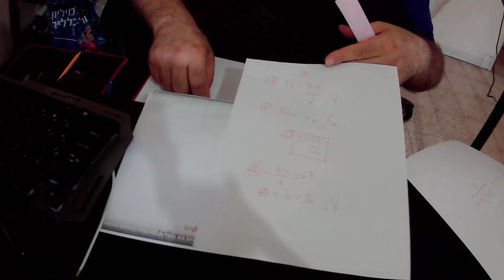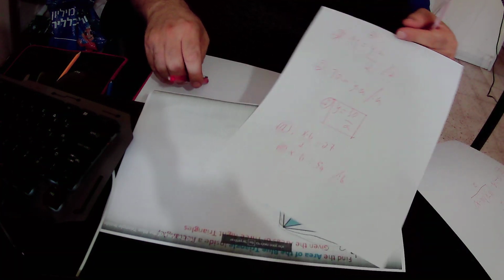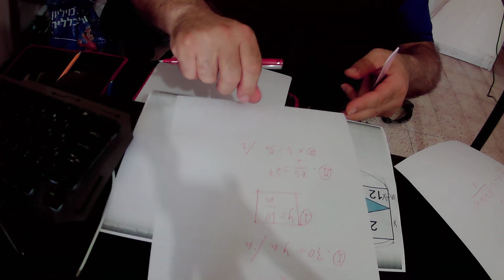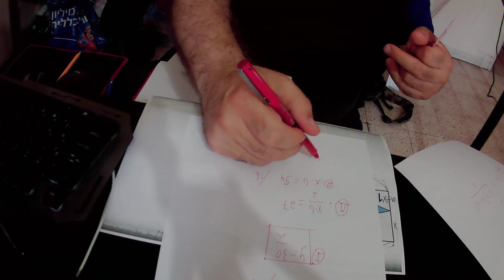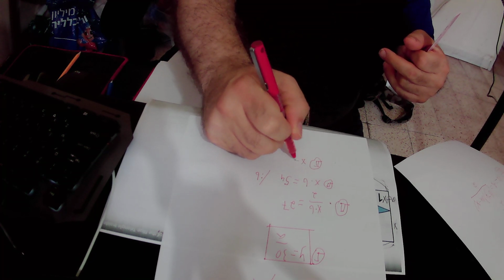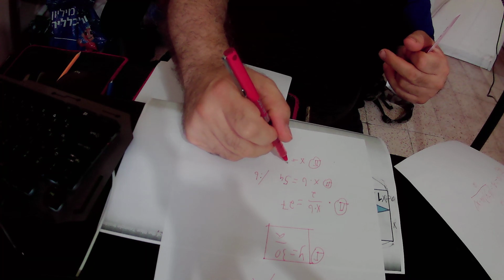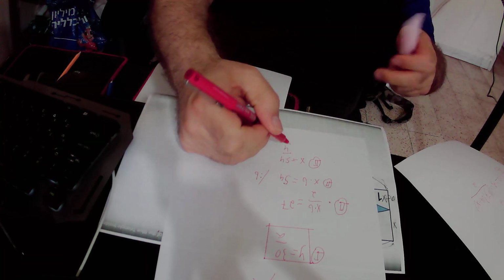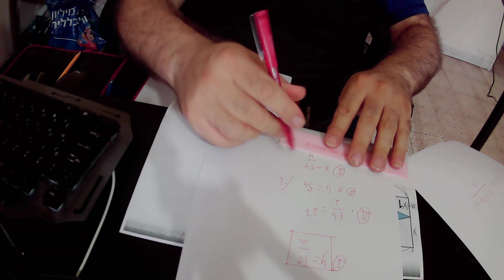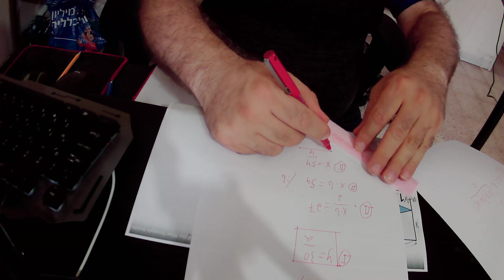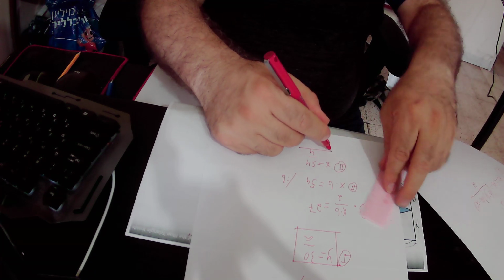Okay, so we will get that x equals 54 over b. Okay, so we took x and y out of the equations.